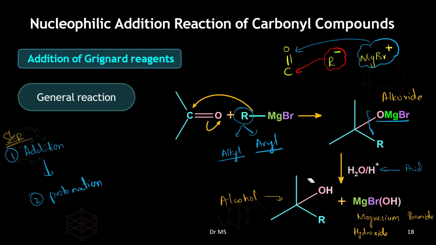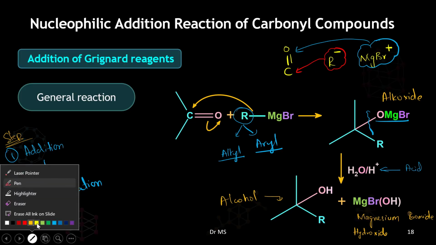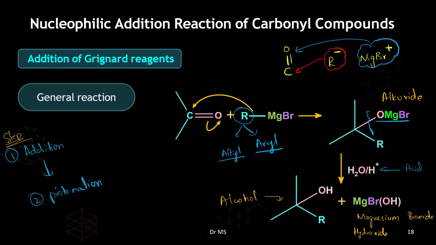This is another important thing you need to remember. If you are using the aldehyde, it results in formation of the secondary alcohol. If you are using the ketones, it results in formation of the tertiary alcohols.